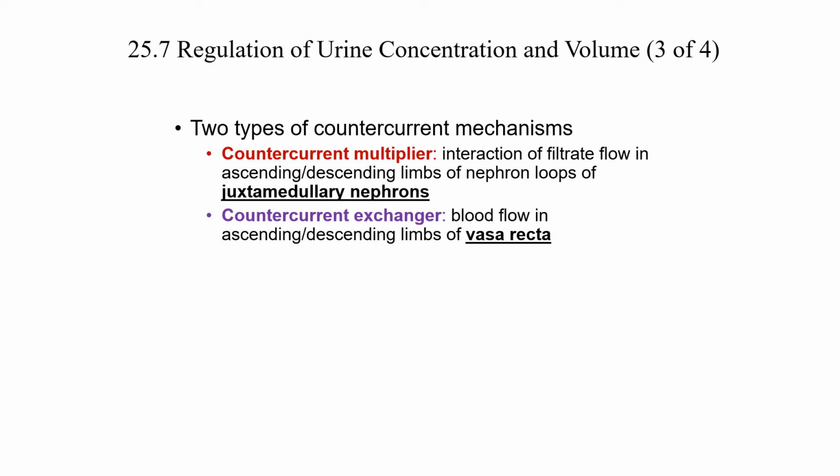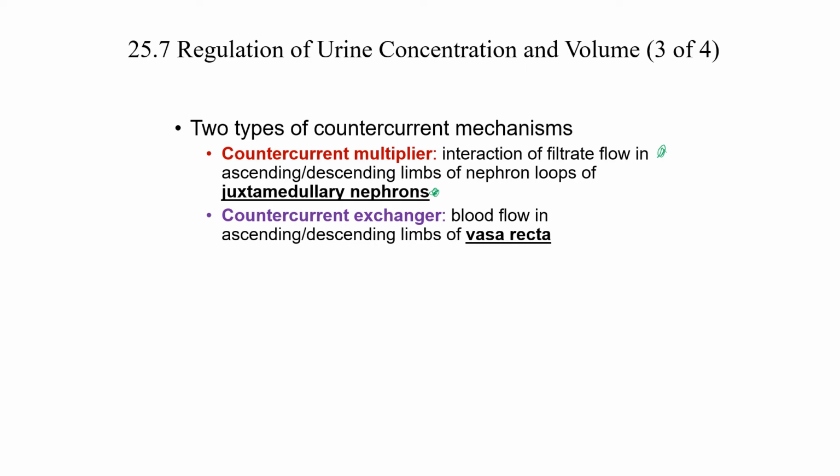The multiplier is the filtrate flow in the ascending and descending limbs of the loops of the juxtamedullary nephrons. Please pay attention to that. This is the countercurrent multiplier, in the juxtamedullary nephron loop.